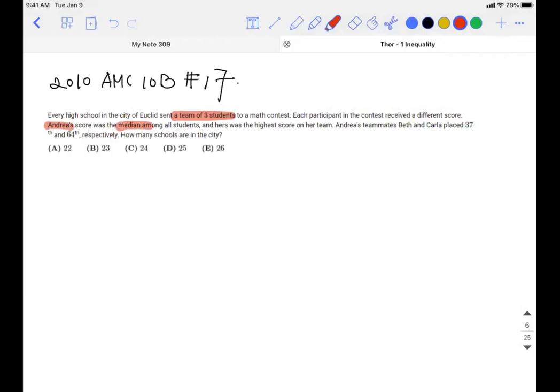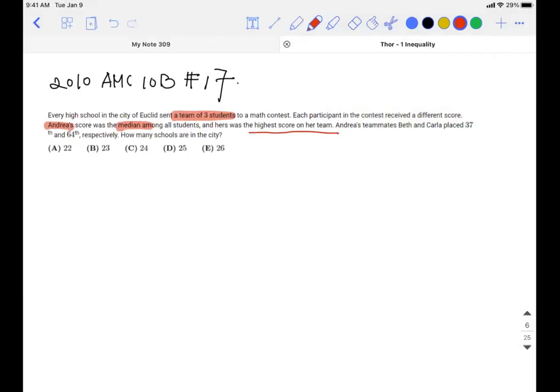So Andrea's score is the median, meaning there are many students in front of her and many students after her. She was right in the middle. And hers was the highest score on her team. So within her team, Andrea's score is the highest, but not necessarily for all the competition.